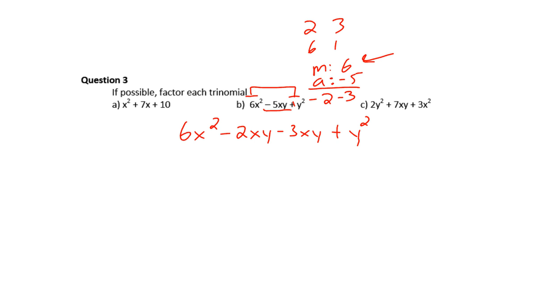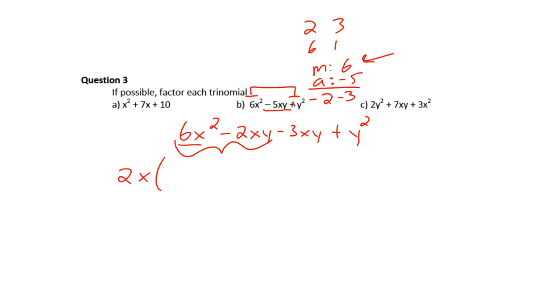Okay, we'll do it again. Factor by grouping. What's common to 6 and 2? Just 2. And then more stuff. So we've got 2 is common, and then what else? Just an x.